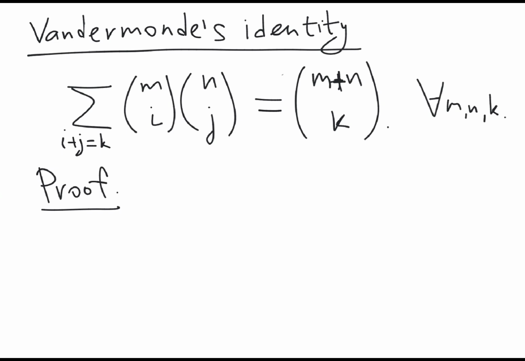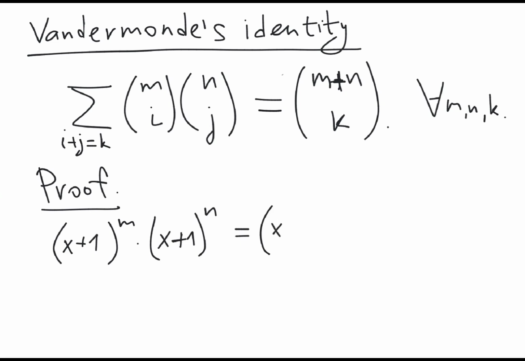So let's consider the expression (1 plus x) to the power m multiplied by (1 plus x)... or actually it's better to write not 1 plus x but x plus 1, it's the same thing, just for convenience. (x plus 1) to the power n, and this is of course equal to (x plus 1) to the power m plus n, right?